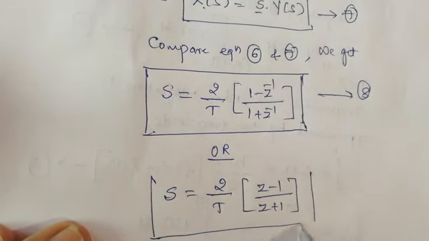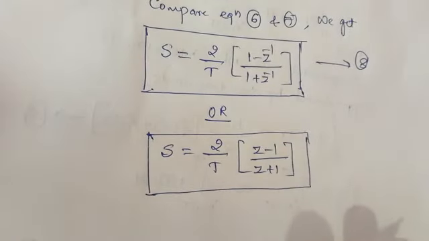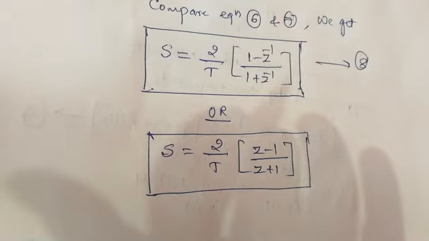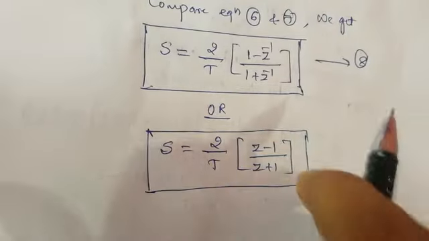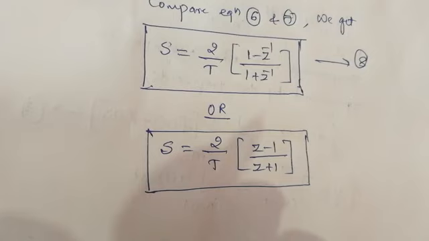Equation 8 is rewritten in terms of positive powers of z. What do these two equations indicate? We are transforming the s plane to the z plane. In the next video, we will discuss how to map the s plane to the z plane in terms of BLT, the bilinear transformation. Thank you very much.